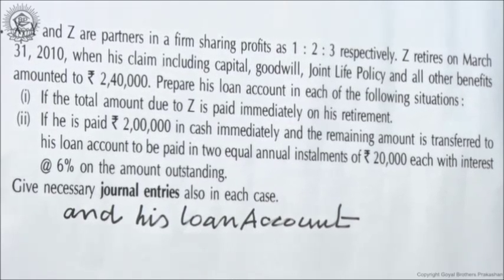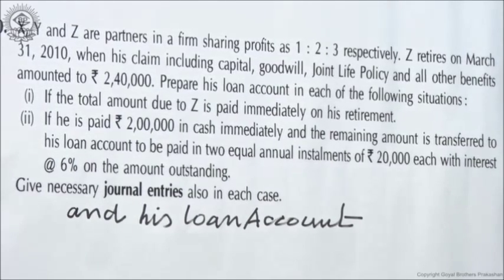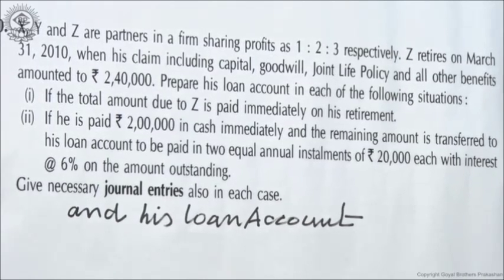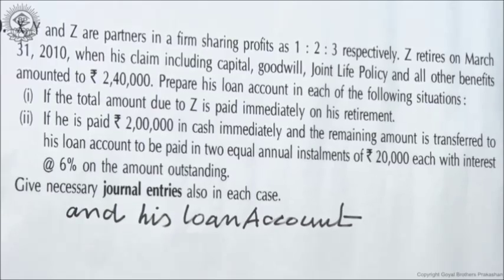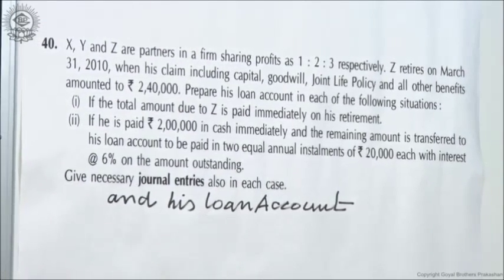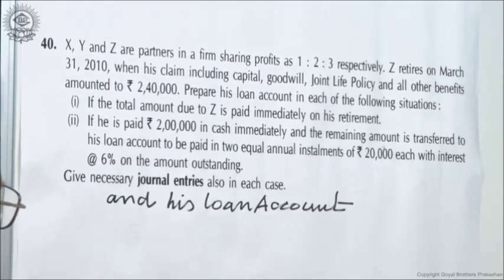Out of three partners, X, Y and Z, Z is retiring on March 31, 2010. His claim including capital, goodwill, joint life policy and all other benefits due to him amounts to 2,40,000. Prepare his loan account in each of the following situations.